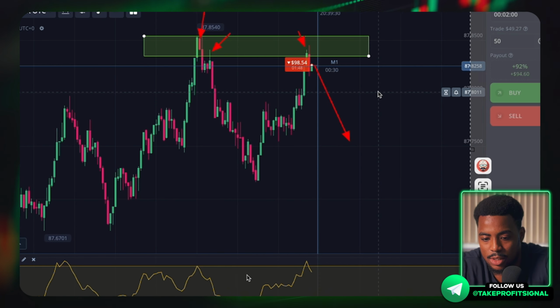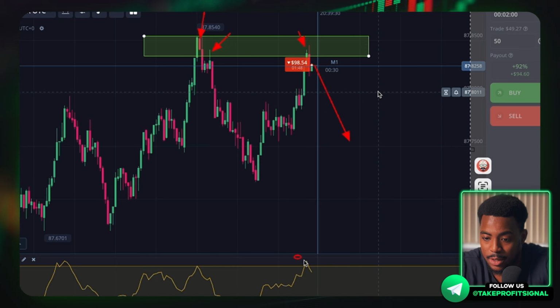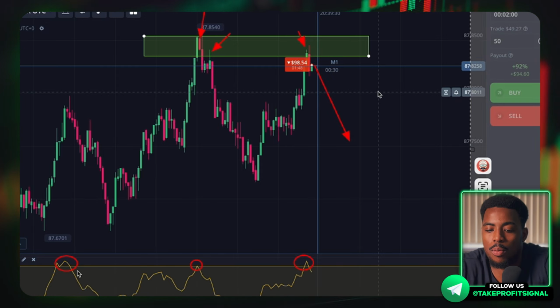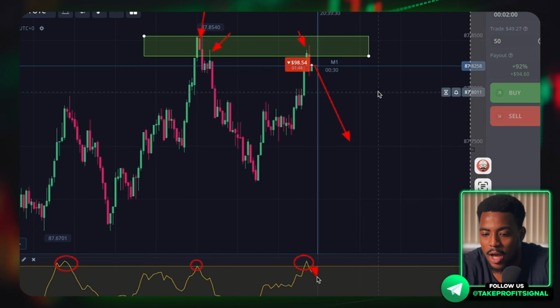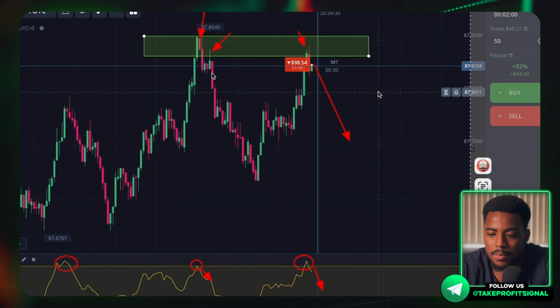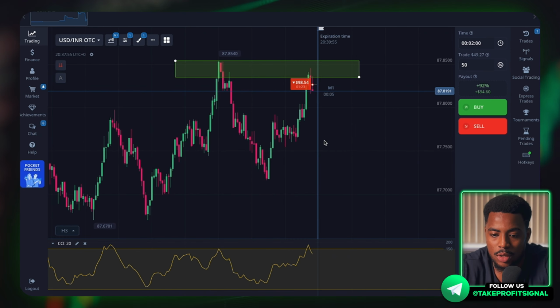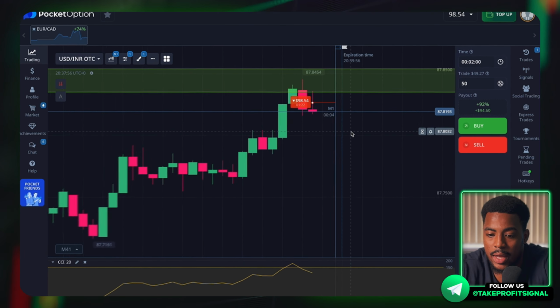Next, we pay attention to the SSI indicator, which reached the upper limit in all previous cases. We fell after that on the chart. We've been falling here, and we are going to fall now. So we are opening a trade and waiting.